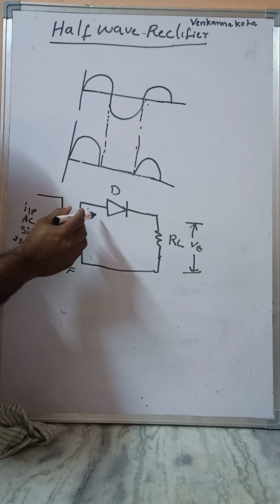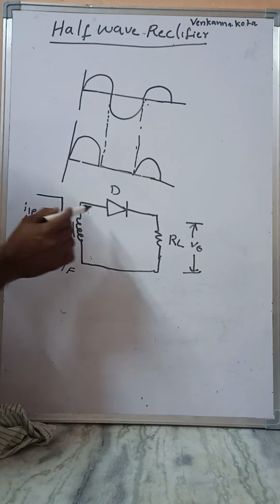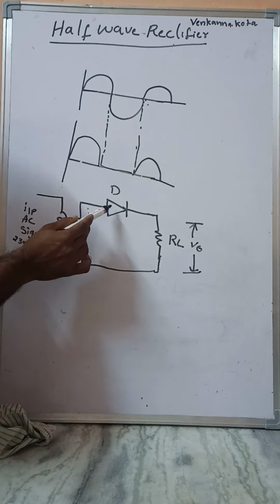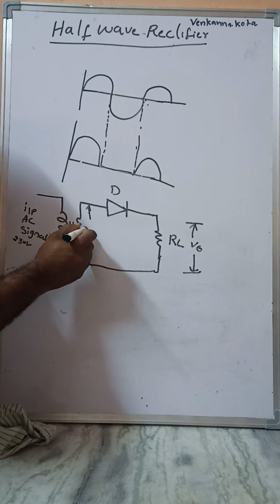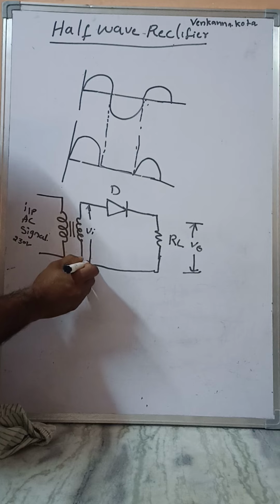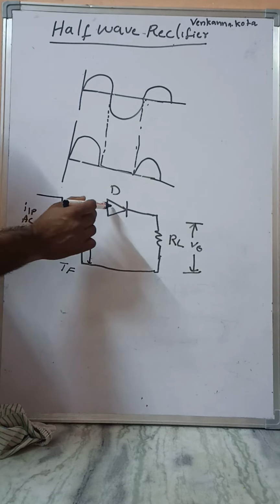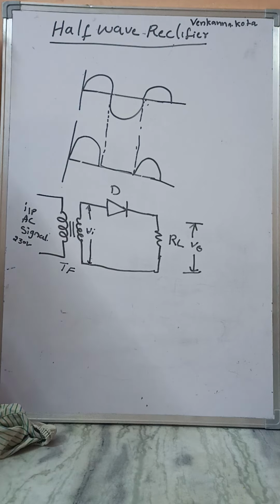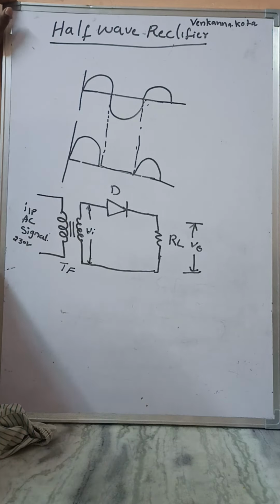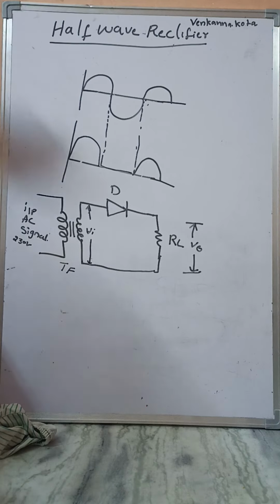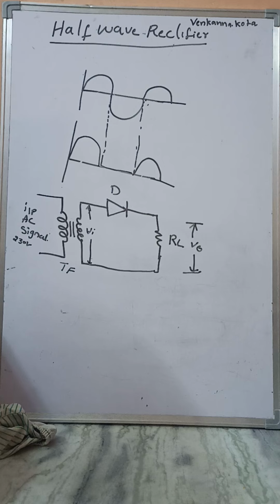This low voltage AC signal, Vi, is given as input to the PN junction diode. The capital D indicates the PN junction diode, which acts as an on and off switch.